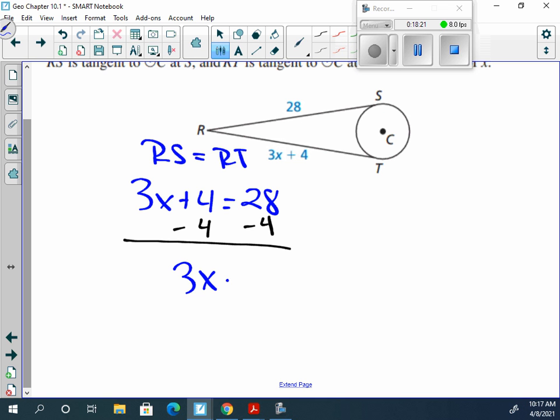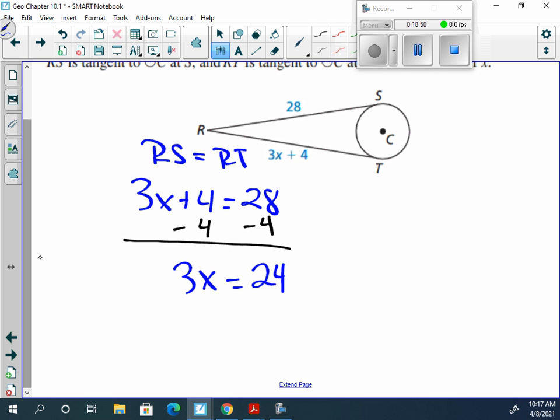We would want to do it the other direction. We want to subtract first, because if we divided first, it still works. Because it would be X plus 4/3 is equal to 28/3, because 28 is not divisible by 3.